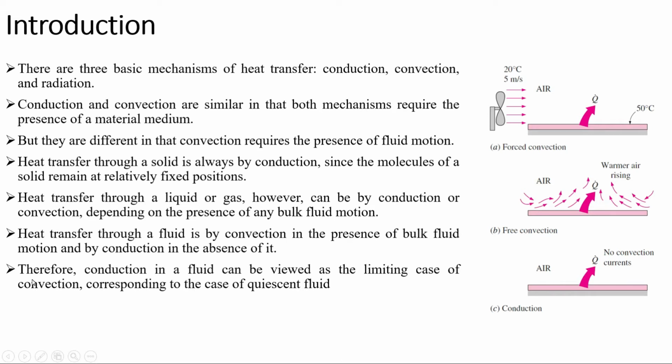Here is the last point: conduction in a fluid can be viewed as a limiting case of convection corresponding to the case of a quiescent fluid. It means that in a fluid, conduction is the limiting case of convection if there is no fluid motion. If there is no fluid motion, then the heat transfer mode will be conduction, not convection.